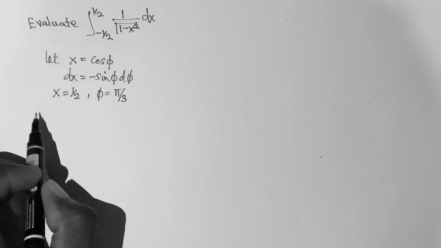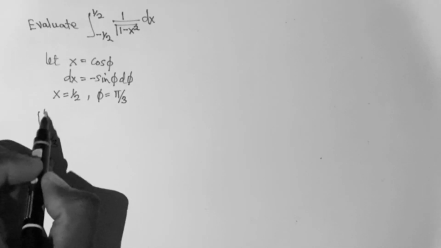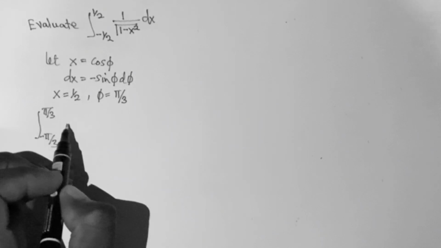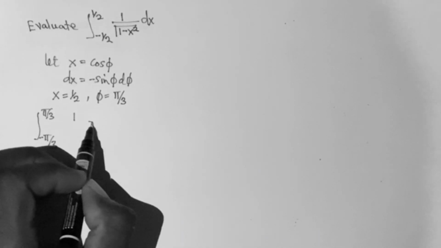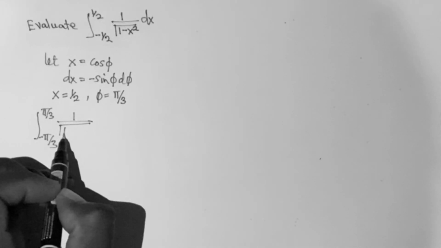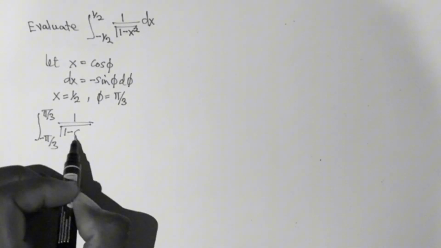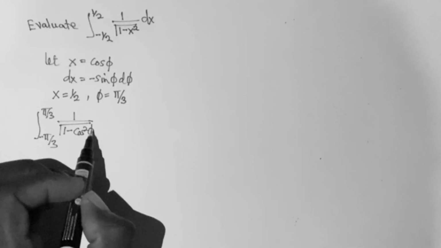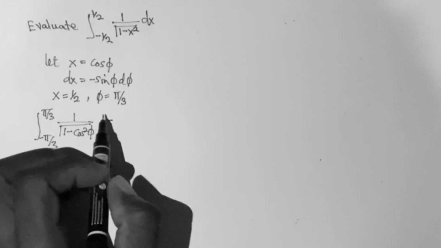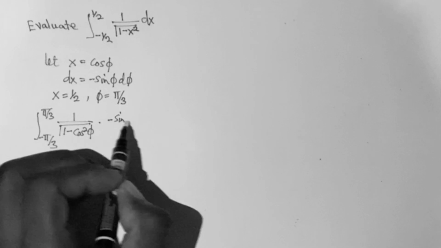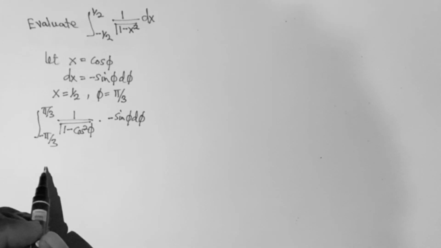and therefore this integral becomes the integral from minus pi over 3 to pi over 3 of 1 divided by square root of 1 minus, now x is cos phi, so x squared becomes cos squared phi, then times dx, and dx is minus sine phi d phi. So let me pull the minus out of the integral.